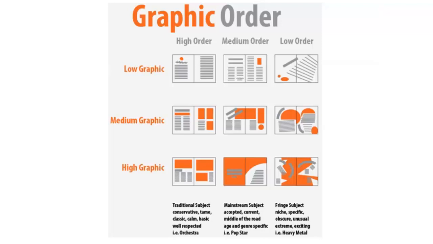It's small. The orange here stands for a picture, and the pictures are very small. They're very low in the organization here. So they're not nearly as important as they would be in a medium graphic spread, where the pictures are a little bit bigger. The balance between text and picture or graphic content in these spreads is about 50-50 in a medium graphic spread.